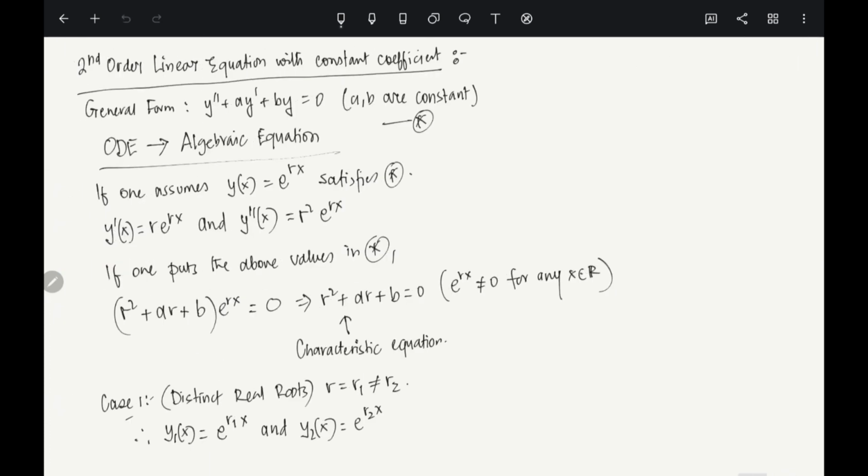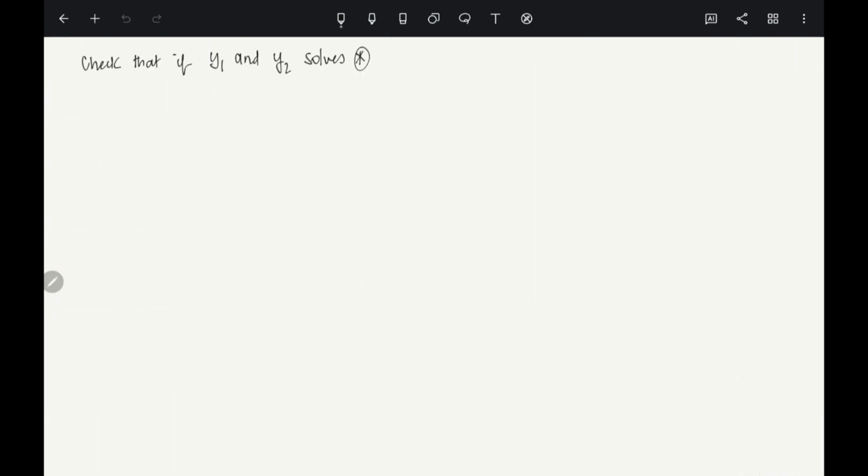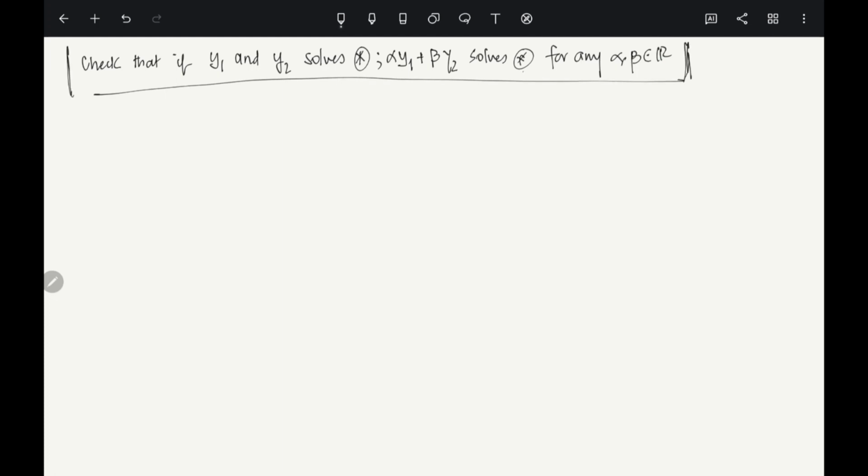Now, this is a linear equation, so check that if y1 and y2 solve star, and this y1 and y2 are of this form, but basically this holds for any two solutions, then alpha times y1 plus beta times y2 also solves star for any alpha, beta in R. This always holds because of linearity.